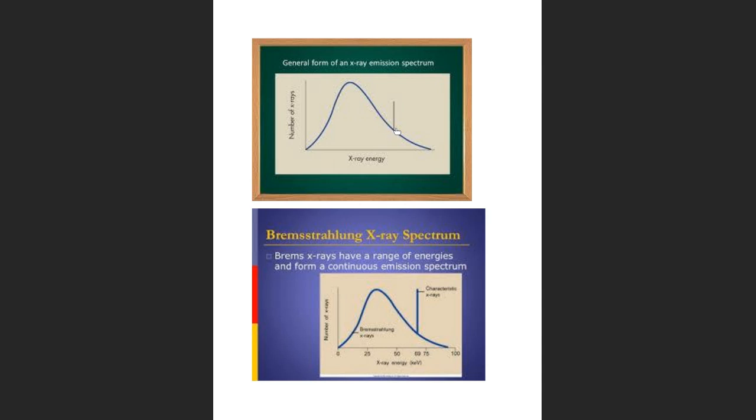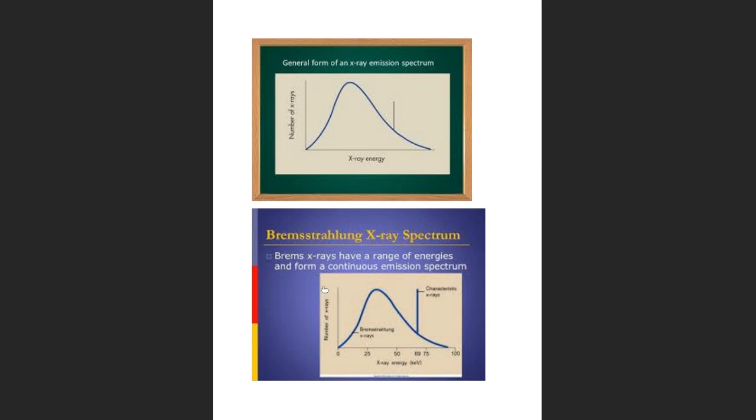If we used gold, we would expect to see that discrete portion move over this way. If we use molybdenum, it goes way over here because molybdenum has a much lower atomic number, so K-shell binding energy is much lower. We feel good with that so far?